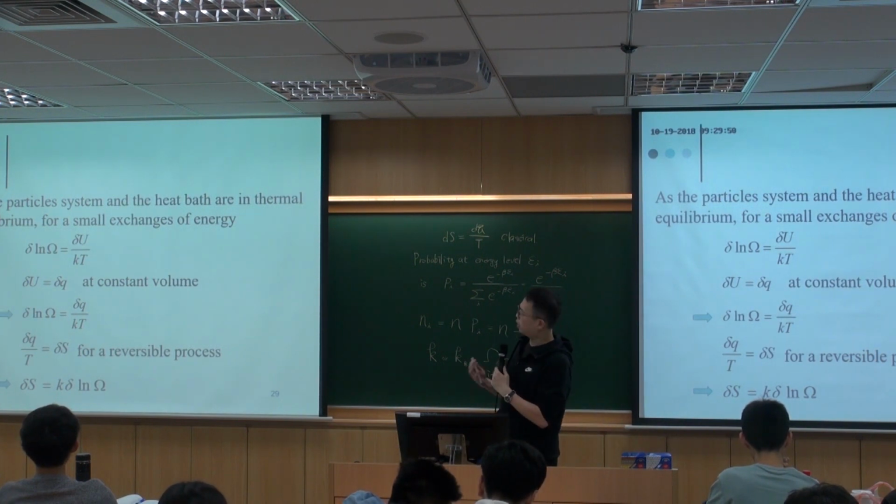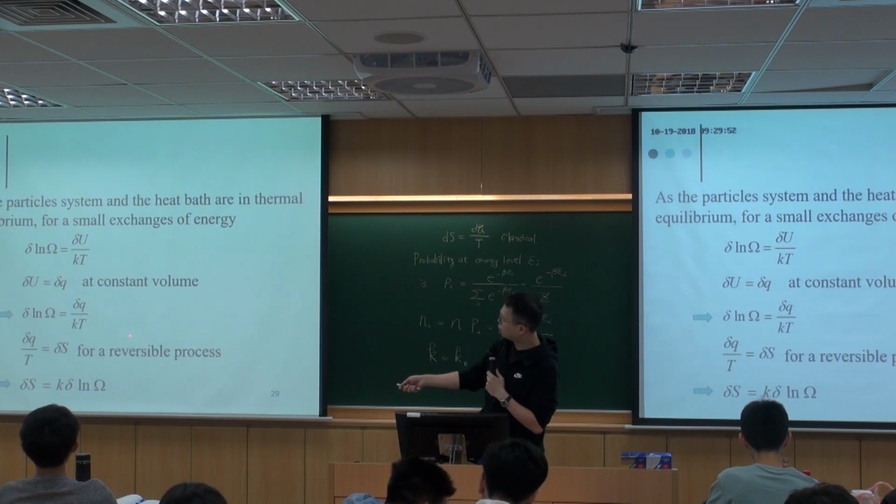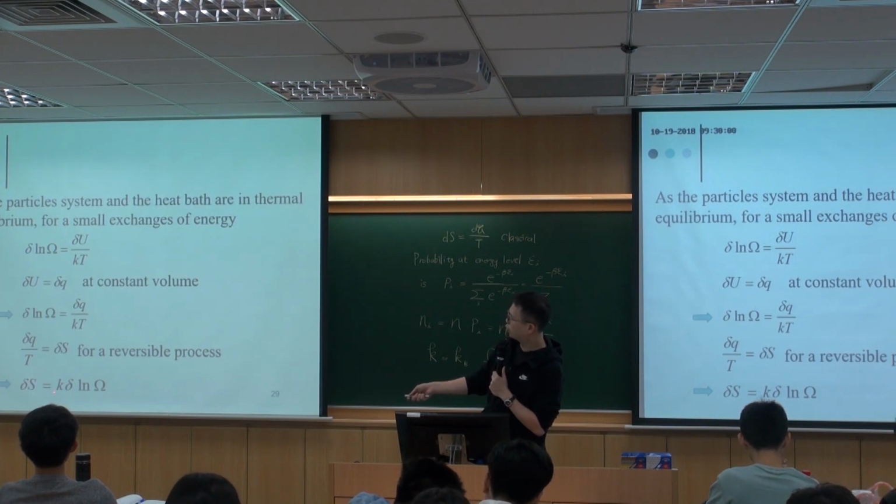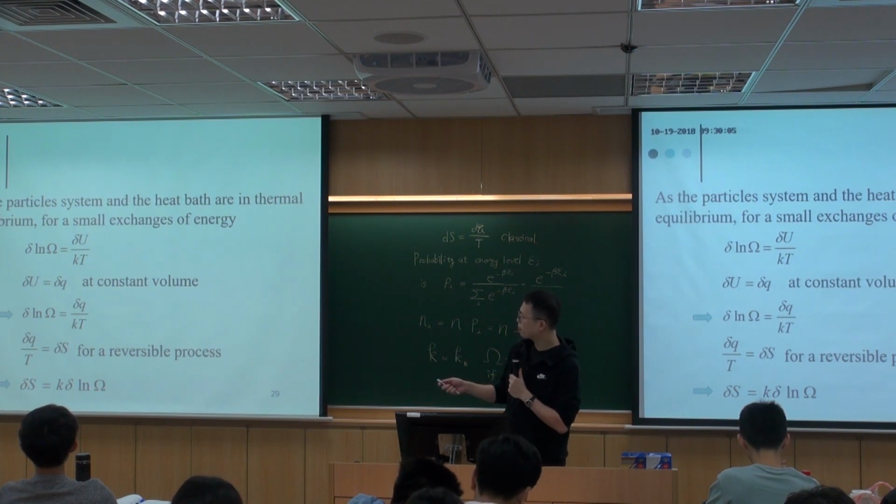So now we can connect these two together, because we know this is delta S over K. Therefore, delta S should equal K times delta log omega.